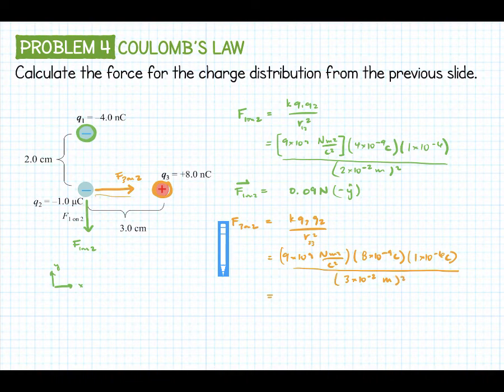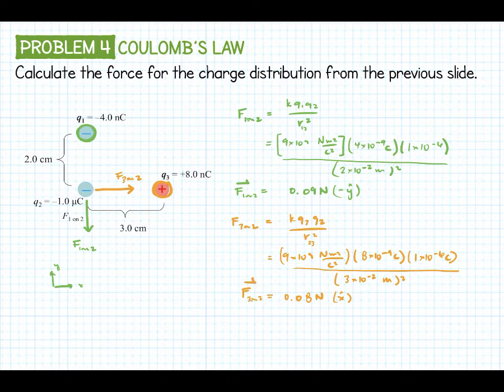That's this distance. You plug all those things in, you get 0.08 newtons, and that's going to be pointing to the right, so that's in the positive x hat direction. We're going to call that a vector.